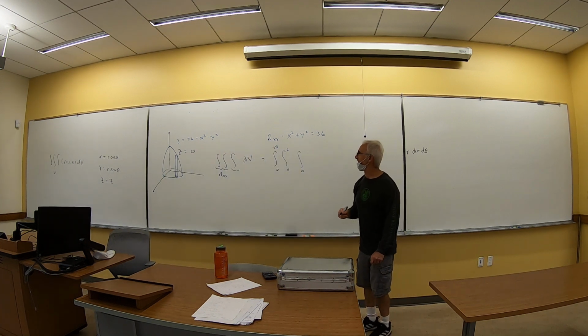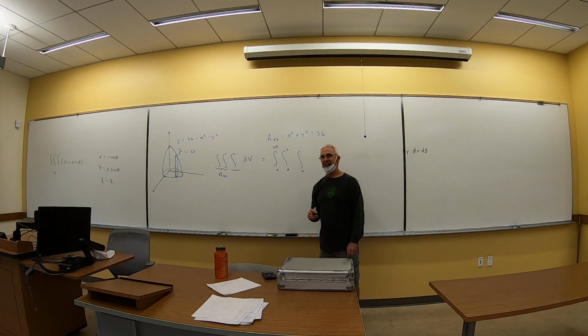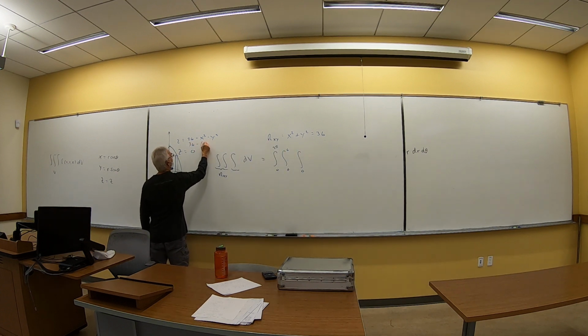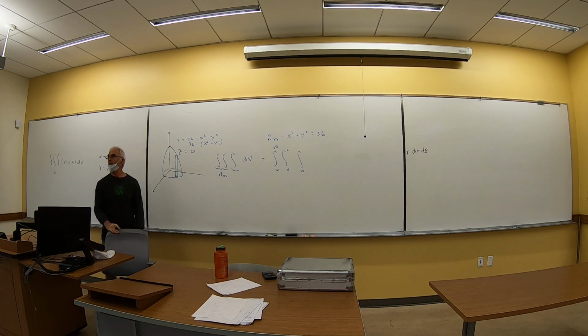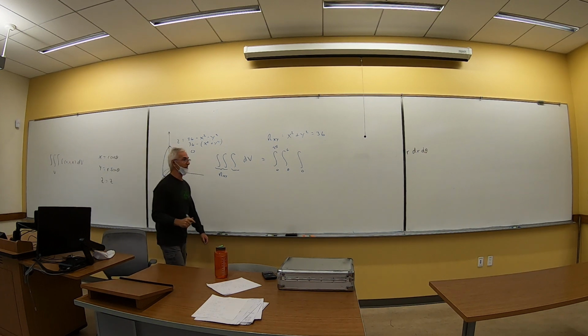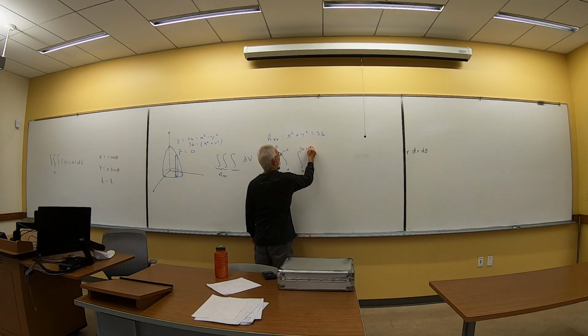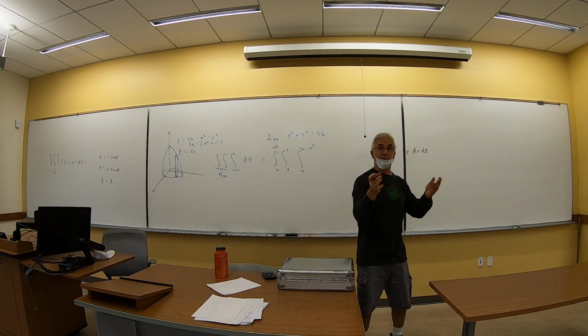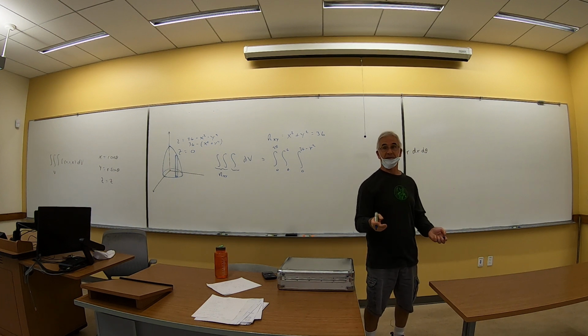Which is exactly what? 36 minus r squared. Perfect. Do you see this is 36 minus the sum of x squared plus y squared? Which means in polar world it's 36 minus r squared. You cannot put x and y in your limits of integration when x and y are no longer variables in the problem. Does that sound cool?